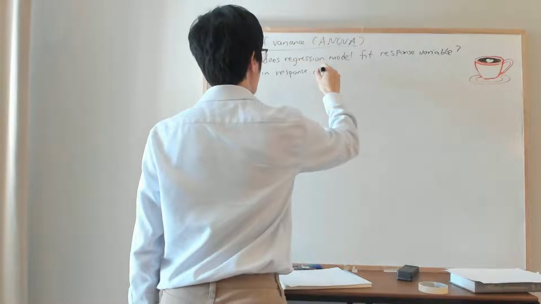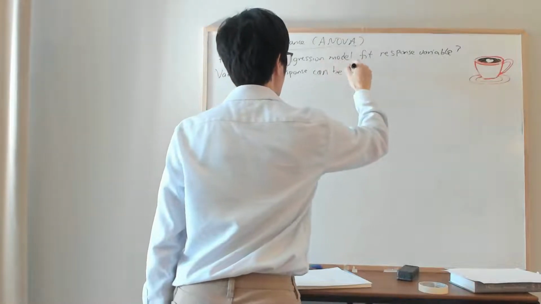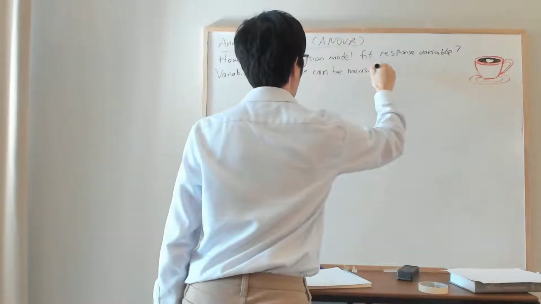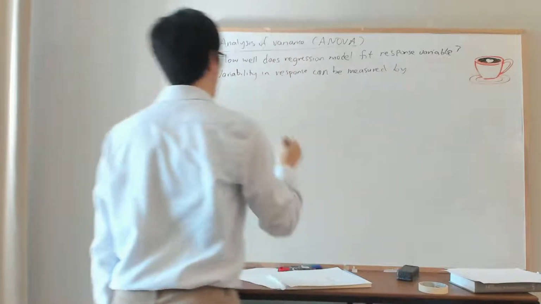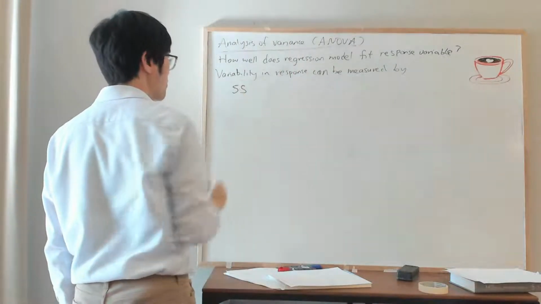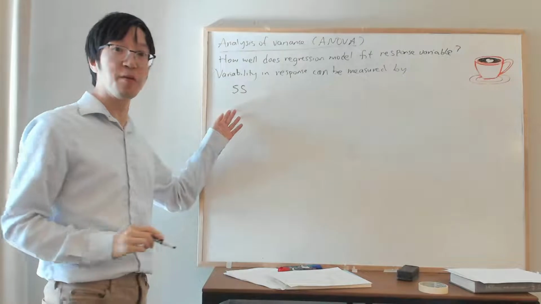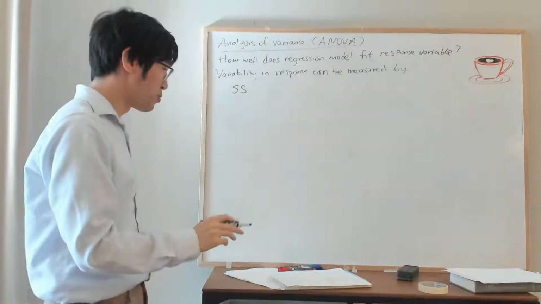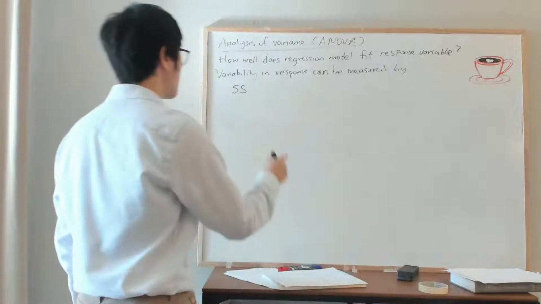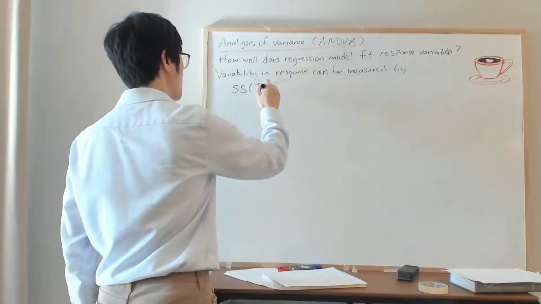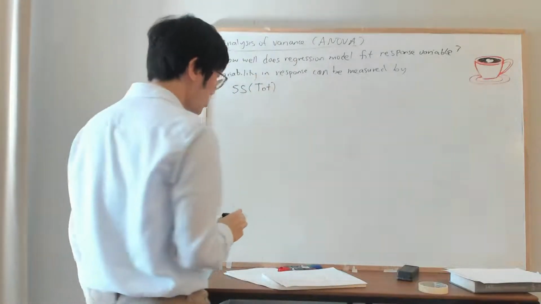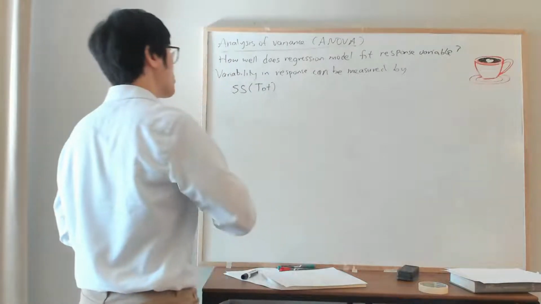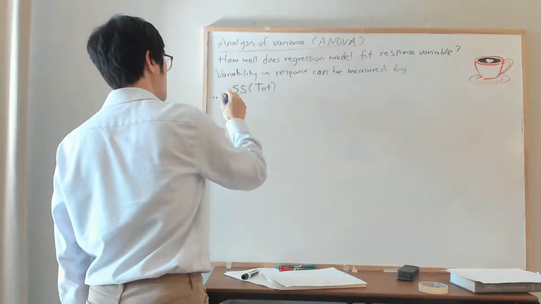It will make sense in just a moment. In fact, I gave you a preview of this on your homework. I asked you to do some calculations involving what I call the SS total on your first assignment.